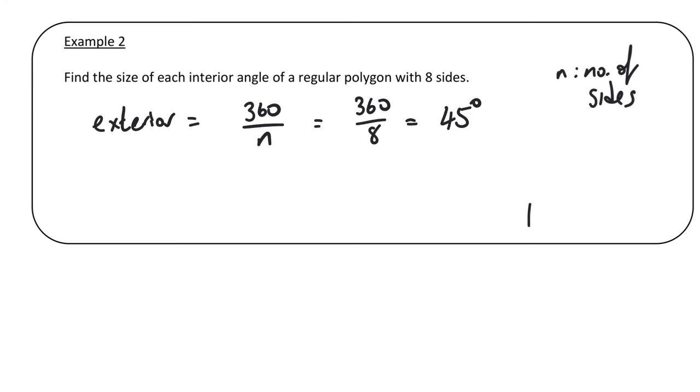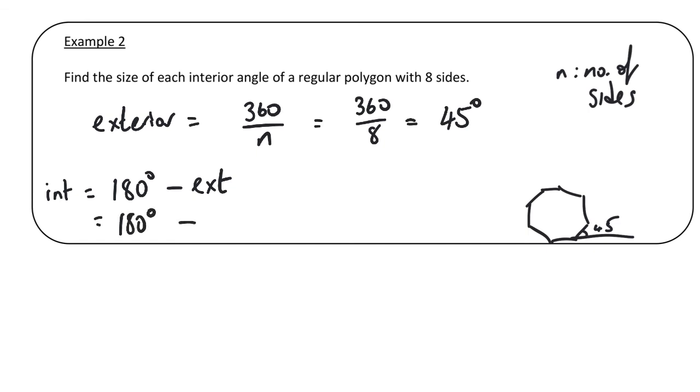So the exterior angle of this octagon is 45 degrees. Then the interior angle is 180 minus the exterior. So that's 180 minus 45, which is 135 degrees. So the interior angles are all 135 degrees for a regular octagon.